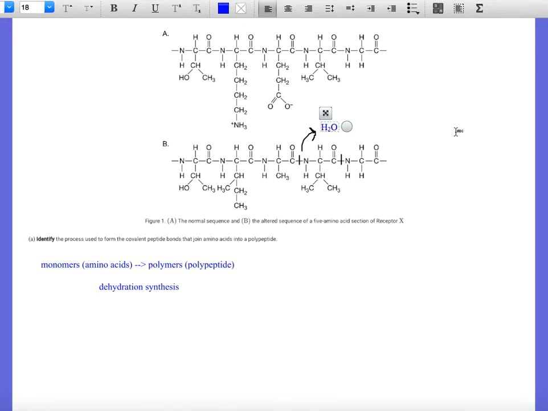It was one of the very first things we talked about when we started our Unit 2, biochemistry and cell biology. And you guys have modeled that before in class, although it was a while ago.